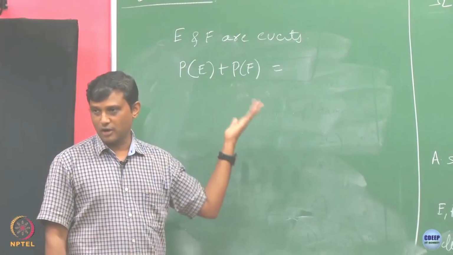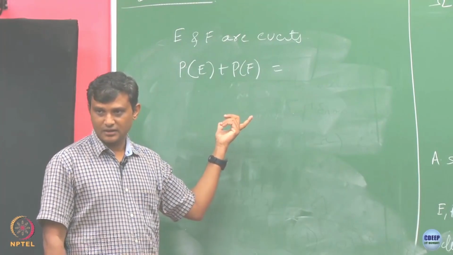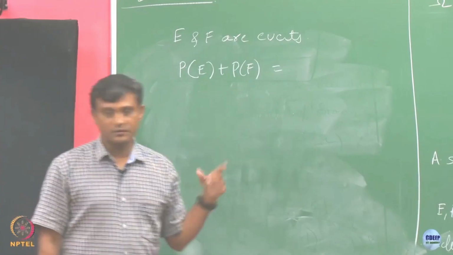They could have some common elements. If that's the case, what is the sum going to be?